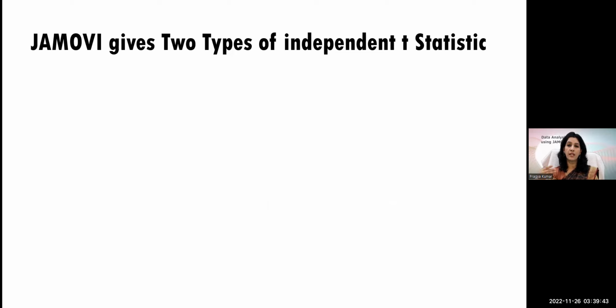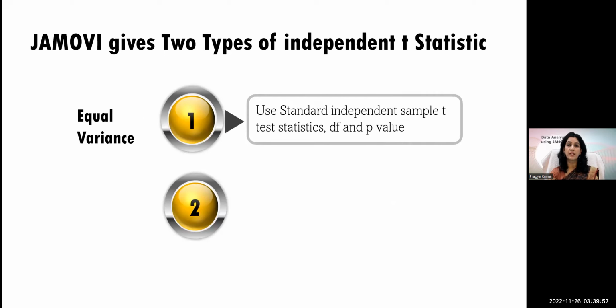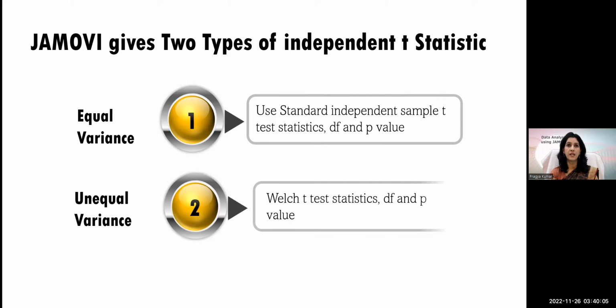So based on that, Jamovi gives two types of independent t-statistics. If there is an equal variance, that means if the p-value of the Levene statistic is more than 0.05, then you report the standard t-value, its degree of freedom, and p-value. And if it is of unequal variance, then you report the Welch t statistic, its degree of freedom, and p-value.